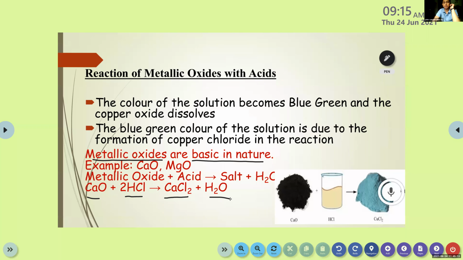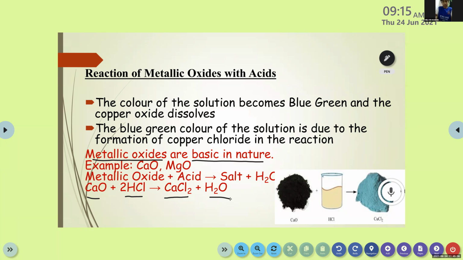Metallic oxide plus acid gives salt plus H2O. CaO plus 2HCl gives CaCl2 plus H2O. Okay. This is clear? Yes, ma'am.